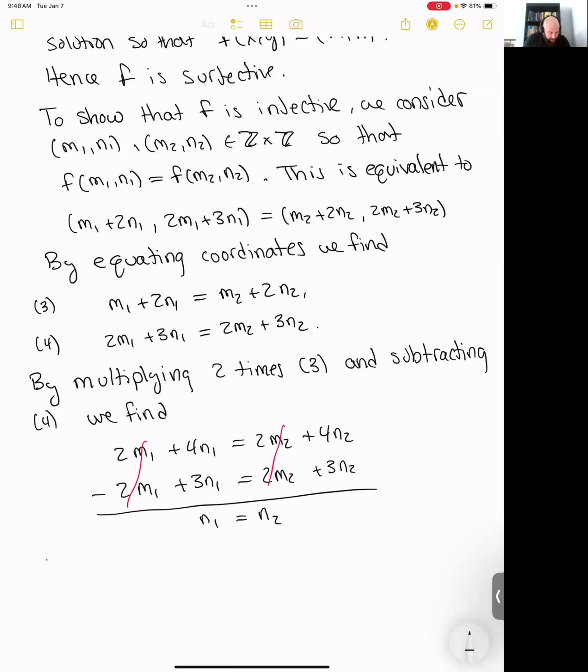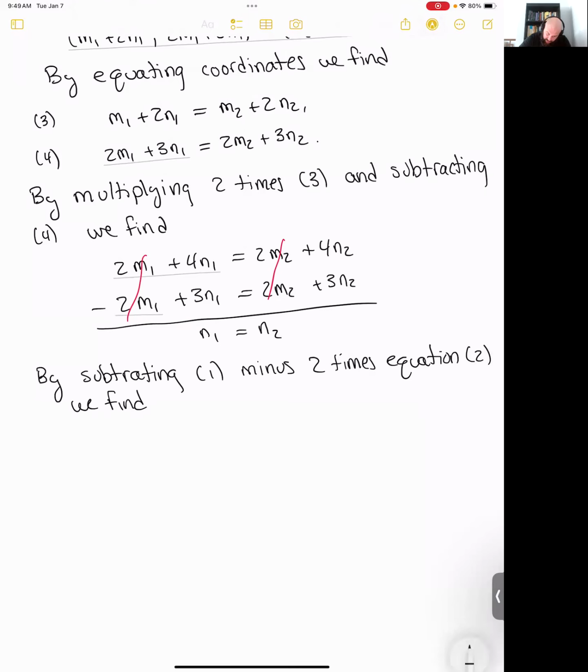And now we need to do something similar, but I want to eliminate n1 and n2. So now by subtracting equation 1 minus 2 times equation 2, we find, okay, so now if we do that, we're going to get equation 1 and then we're going to subtract 2 times the second one. Oh, sorry, that's not what we want to do.